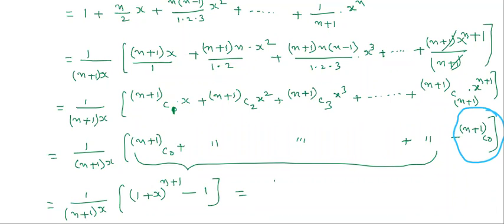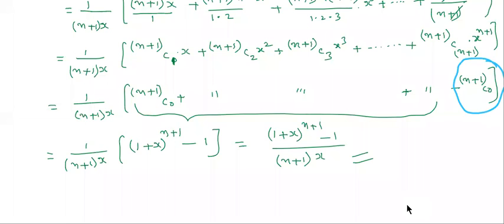Now finally (1 plus x) whole power n plus 1 minus 1 by n plus 1 into x. This is a theorem. This is important in IPE. Using this theorem, I am going to derive some more formulae.